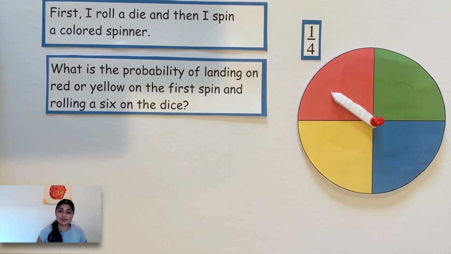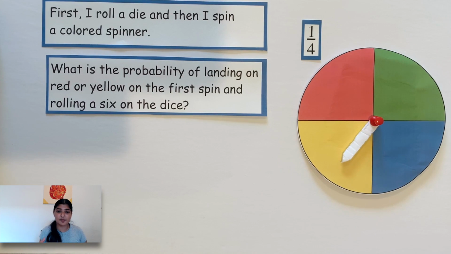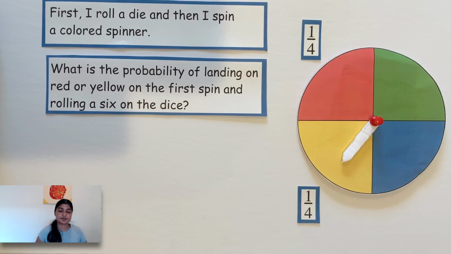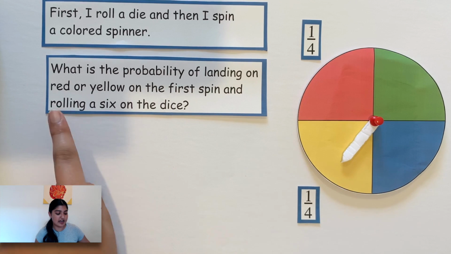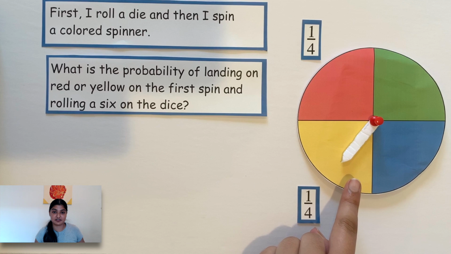Now suppose we spin our spinner again, and this time we land on the yellow section. What's the probability? Again, there's 1 yellow section out of a total of 4. So the probability would also be 1/4. Now, turning back to our question, we can see that it says to find the probability of landing on either this red section or the yellow section.